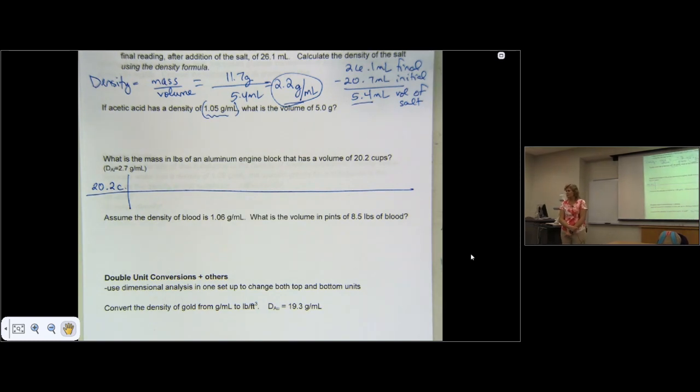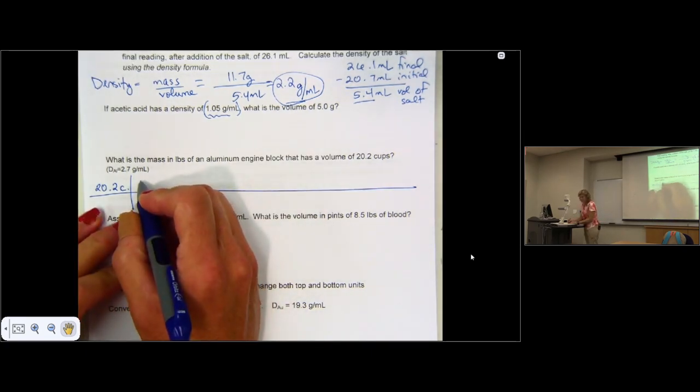But how do we get there? Cups to pints, pints to quarts, quarts to milliliters. Now, why do you go quarts to milliliters? Because density is in what? Gram per milliliter. So once you get to milliliters, can you use density as a conversion factor to get grams? Yes, and then grams to pounds. That's exactly right.